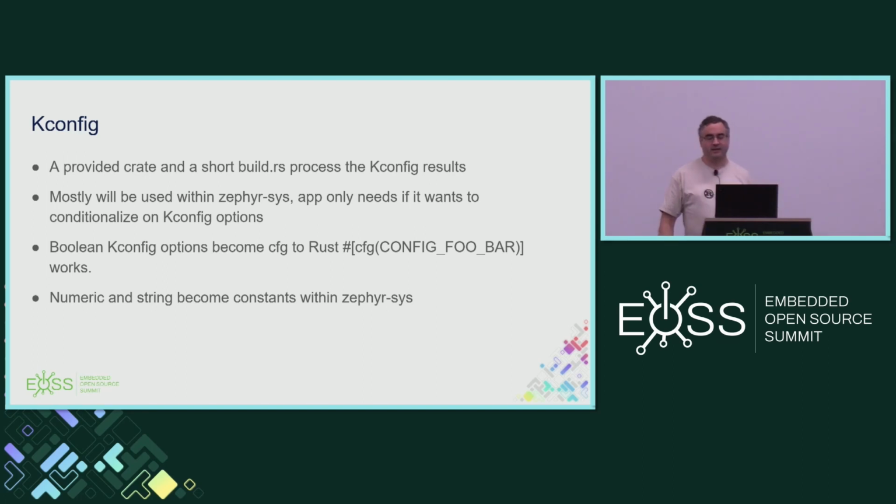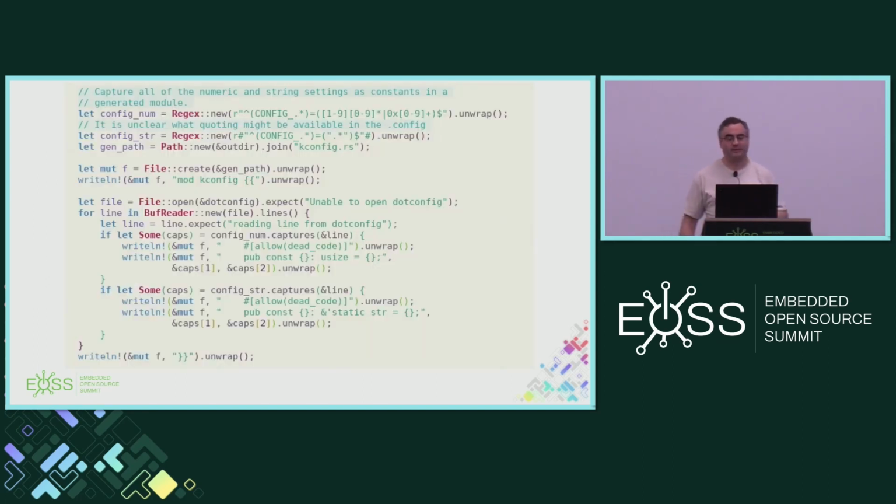So what do we do? Well, let's just look at what's going on here. There's a program that runs as part of a Rust build. And this won't actually be visible to you using it unless you need this conditional compilation. Otherwise, it just happens in zephyr-sys, and it knows how to conditionalize. But the idea is that this reads the generated build/zephyr/.config, or if you're using sysbuild, wherever that ends up, and it looks through the config options.